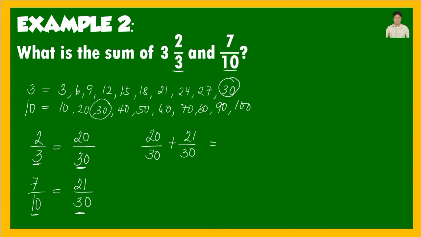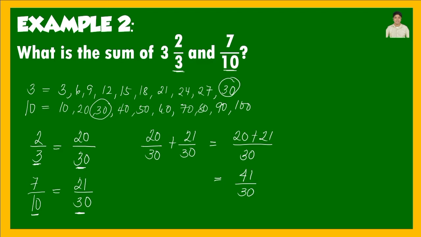Pareho na po silang similar fractions. Pareho na kasi ng denominator. Now, let's just add the numerators. So, 20 plus 21 over 30. So, 20 plus 21, we have 41 all over 30. Ayan, kailangan po ngayon natin ulit mag-regroup dahil ang sagot po natin ay improper fraction.